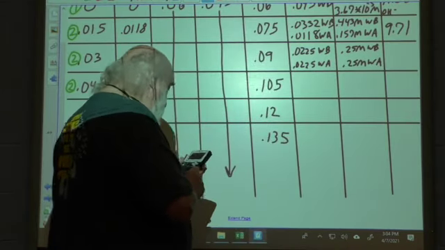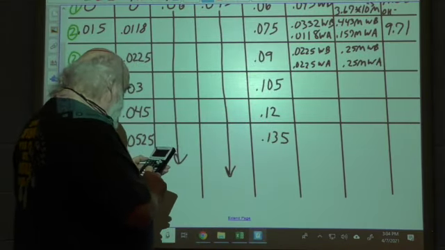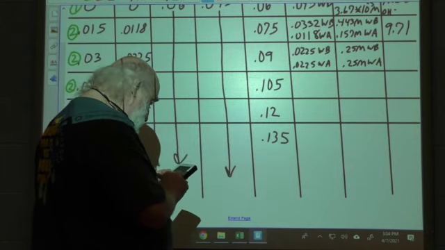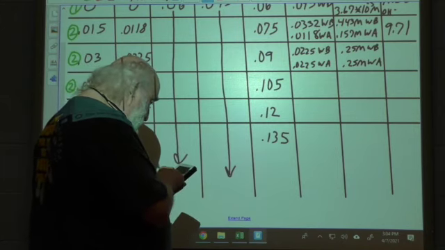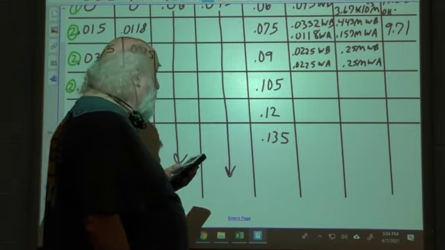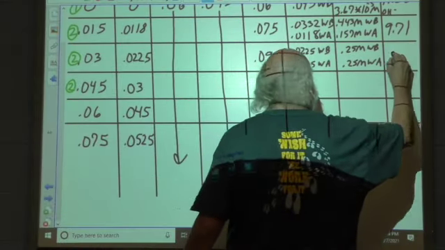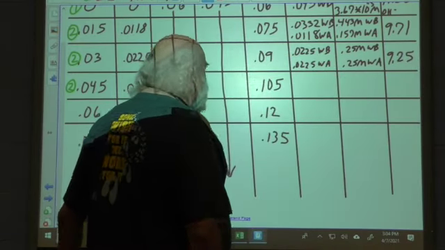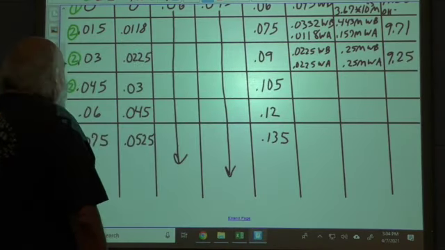And then I just take the negative log of 5.56 times 10 to the negative 10. And I get 9.25. So, of course, the drop kind of levels out. Only a drop of 0.46 there.